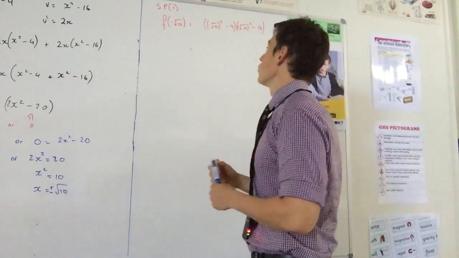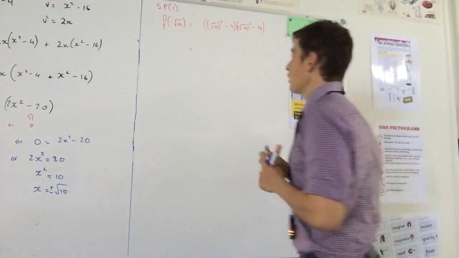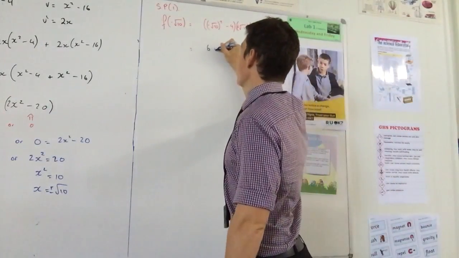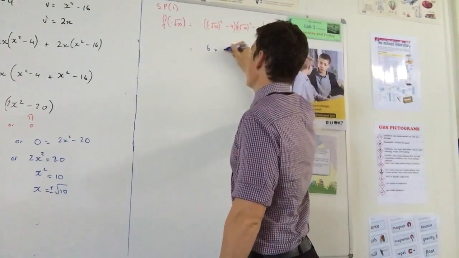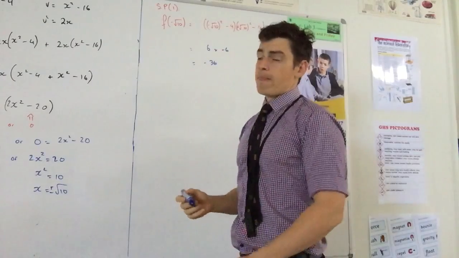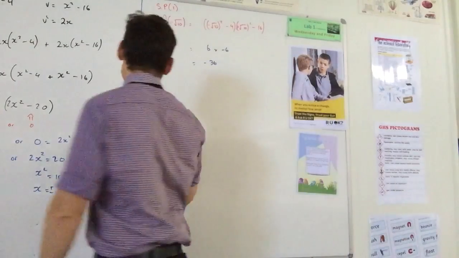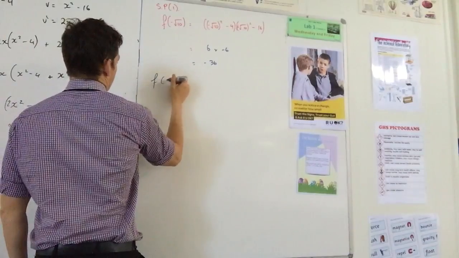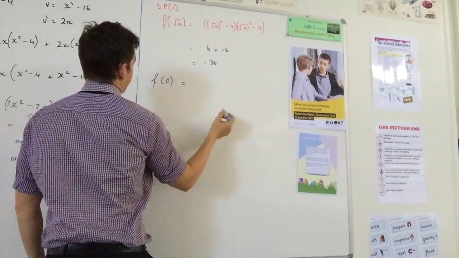That equals, so negative root 10 squared is just 10. 10 minus 4 is 6 times 10 minus 16, which is negative 6, which equals negative 36. Cool. The same thing's going to occur at positive, but I'm just going to leave that out for now.